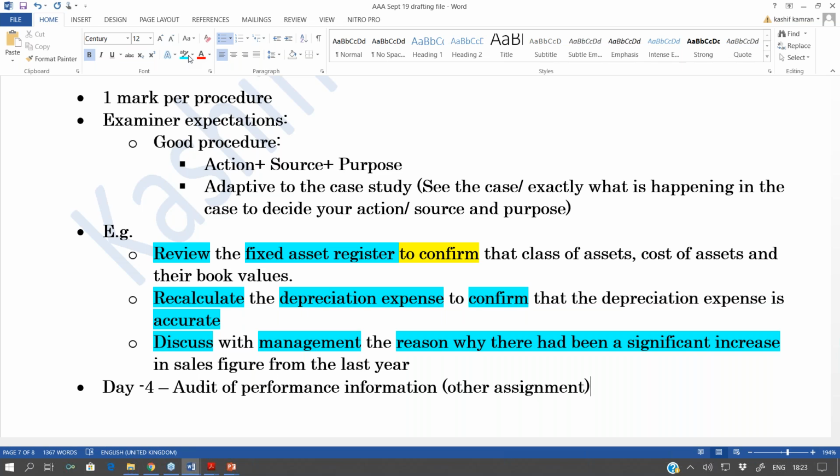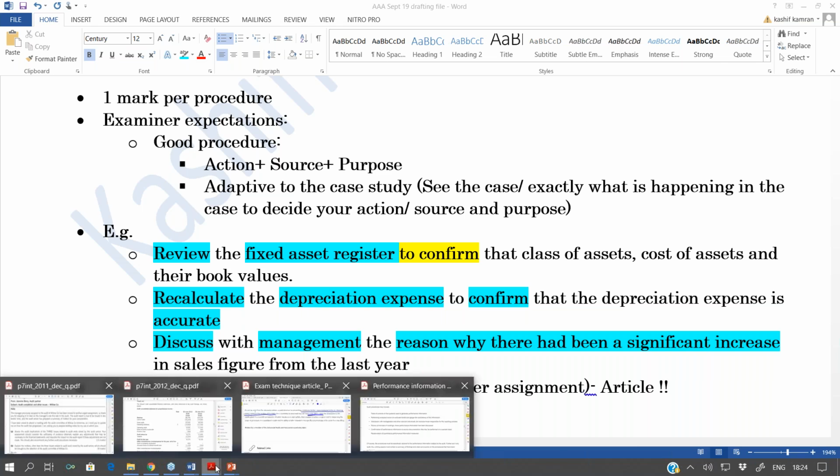Now, audit of performance information is a very specific topic, and the examiner wrote an article on it, in which the examiner wrote that there is a list of procedures. Though the examiner wrote this article for procedures for performance information, you can learn something from the article. Let's go to the article and see what procedures the examiner told us, and whether we can use them in other contexts apart from performance information.